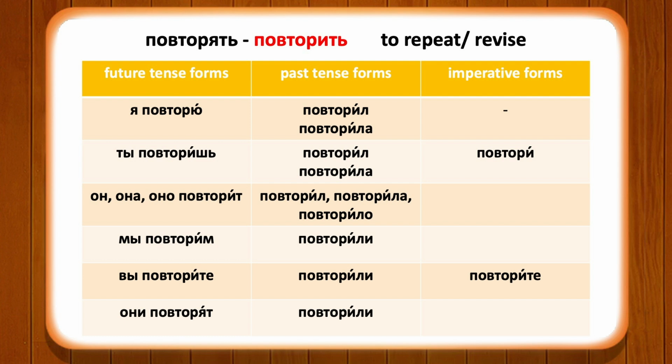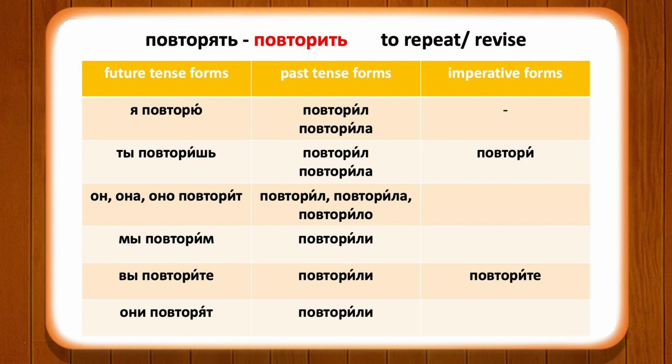In past tense, the conjugation would be ya ti on pavtaril, ya ti ana pavtarila, on pavtaril, ana pavtarila, mi pavtarili, vi pavtarili, ani pavtarili. I will repeat.